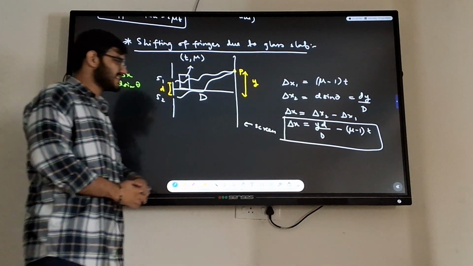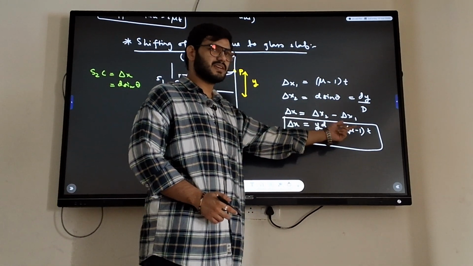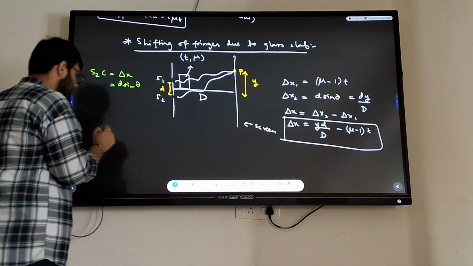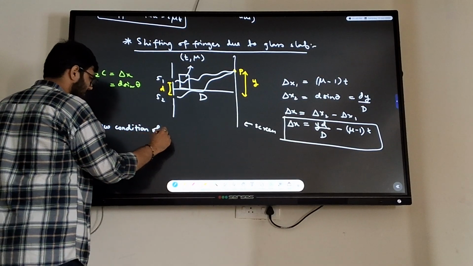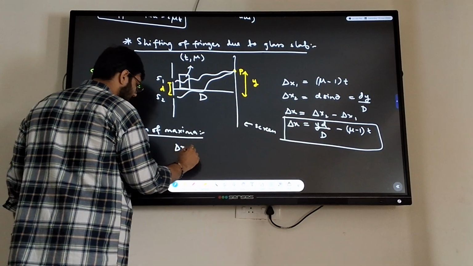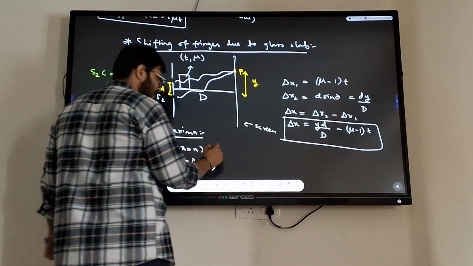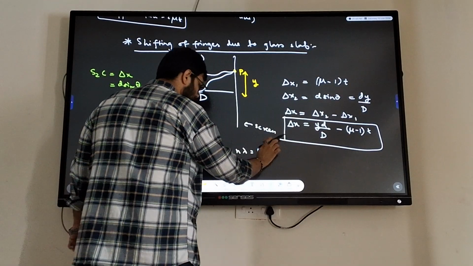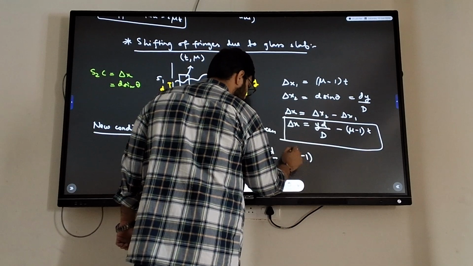So delta x has changed now. It's not y d by D now. It's y d by D minus this something. So I have to write the new condition. So the new condition of maxima will be what? It's already delta x should be equal to n lambda, where n starts from 0, 1, 2 and all those. Then n lambda should be equal to y subscript n d by capital D minus (mu minus 1) small t.